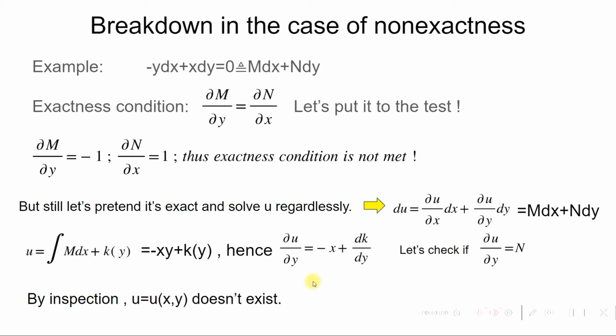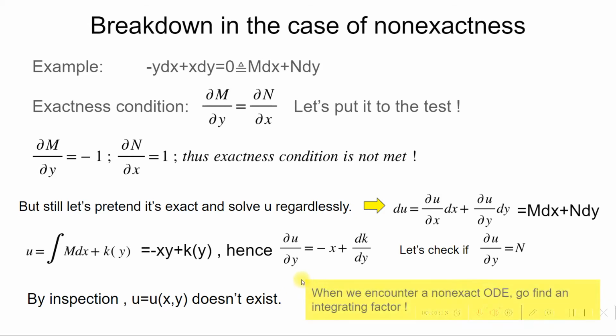So what should we do when we encounter a non-exact ODE? When we encounter a non-exact ODE, we should find an integrating factor and multiply the ODE by this integrating factor. So the non-exact ODE will become an exact one.